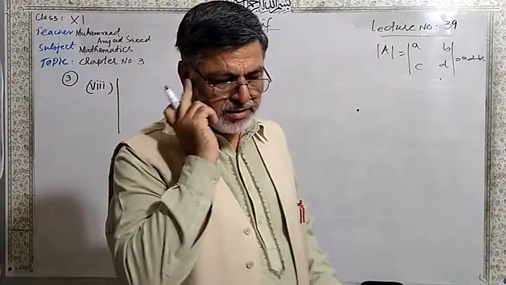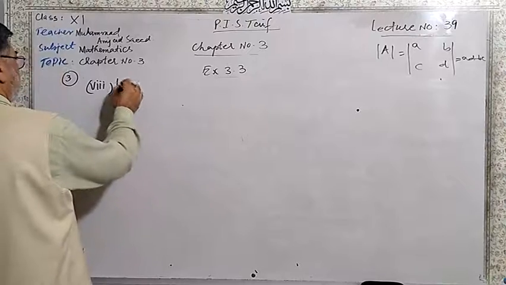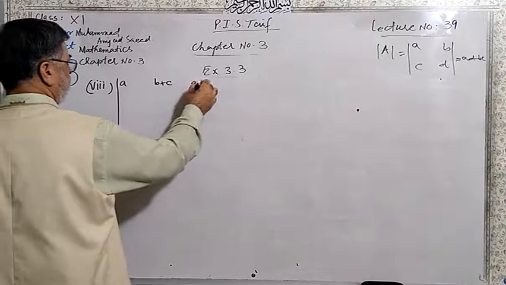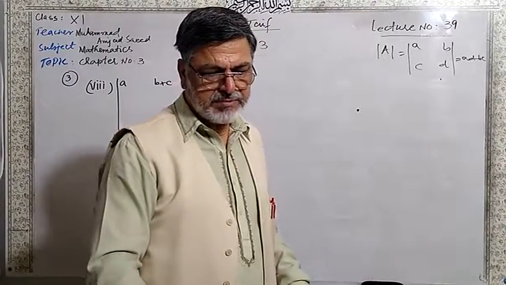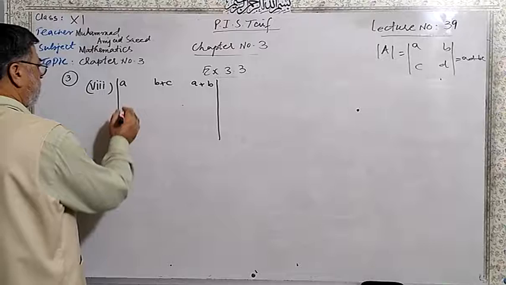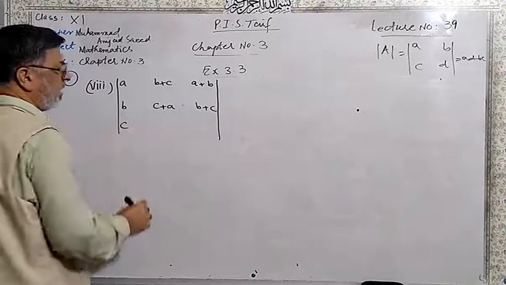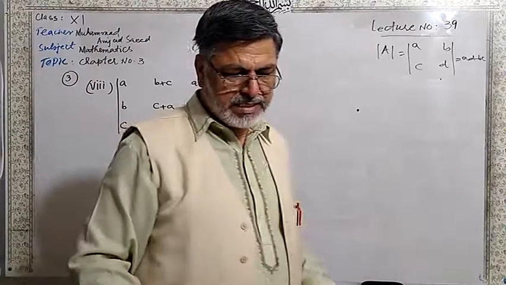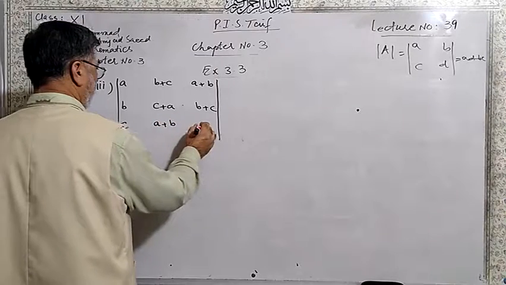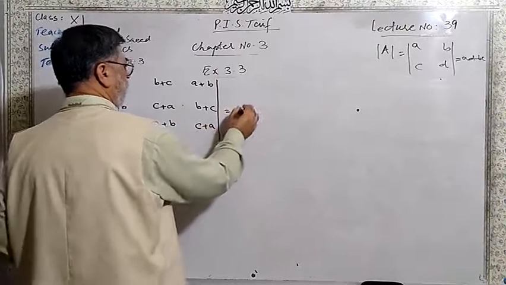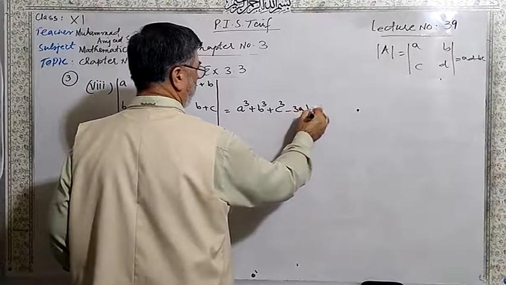We have the determinant with rows: a, b plus c, a plus b; b, c plus a, b plus c; c, a plus b, c plus a; which is equal to a cube plus b cube plus c cube minus 3abc.